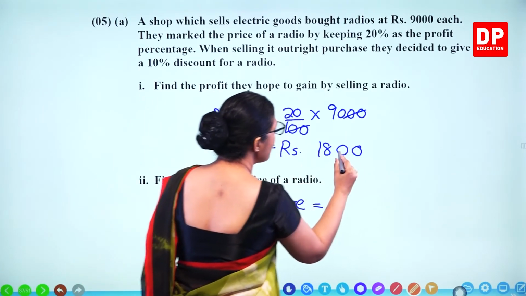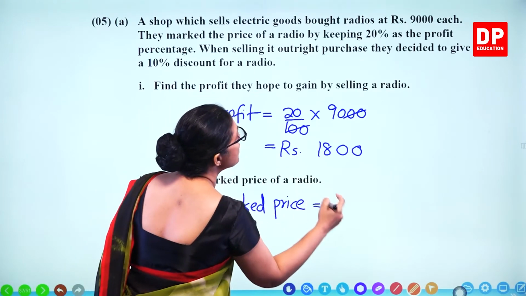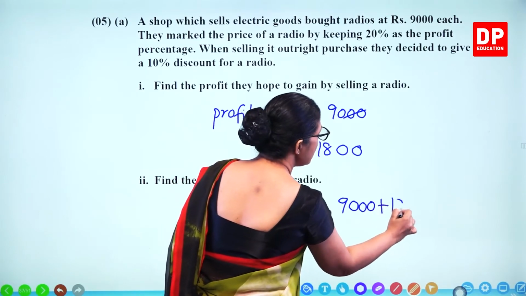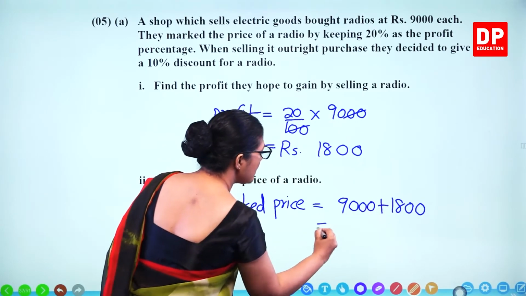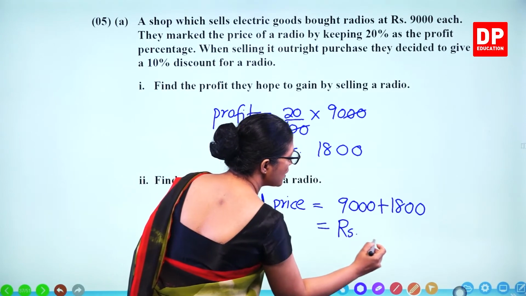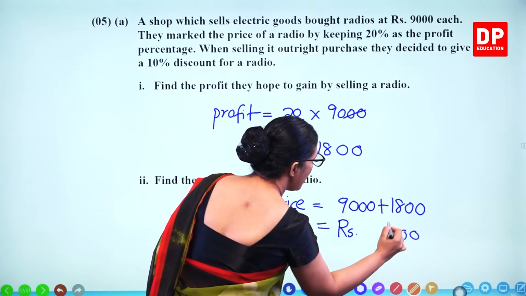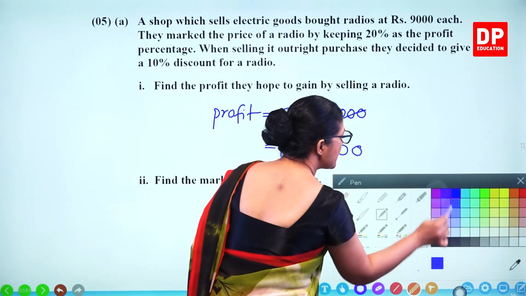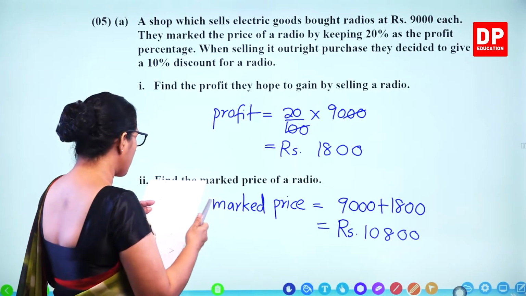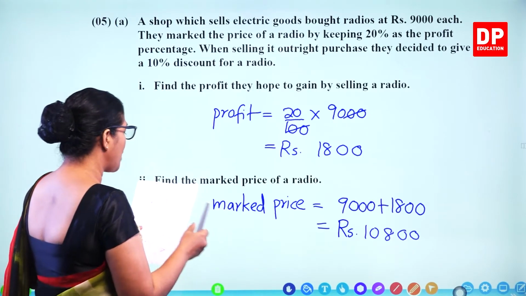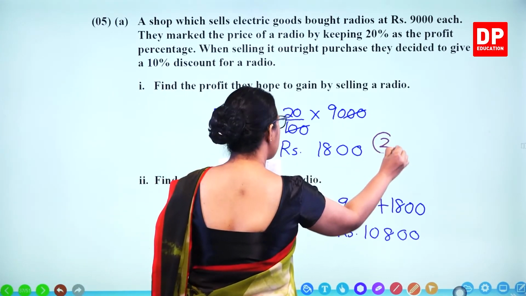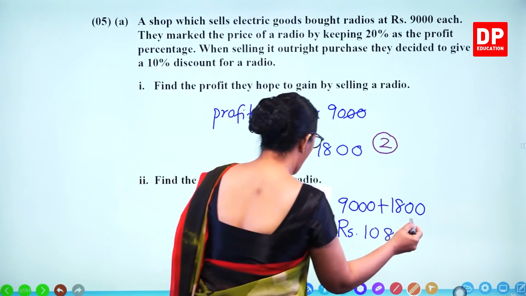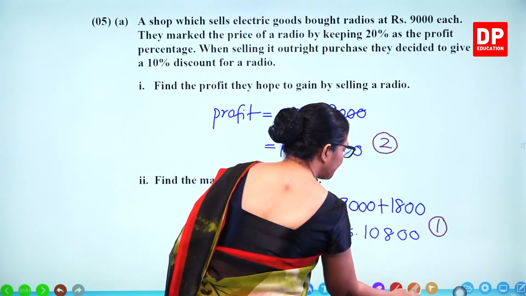So the mark price, you have to add this profit. So 9,000 plus 1,800 is the mark price with the profit. 10,800 rupees. So how many marks? 1,800 you get 2 marks and 10,800 you get 1 mark, just adding the 2.